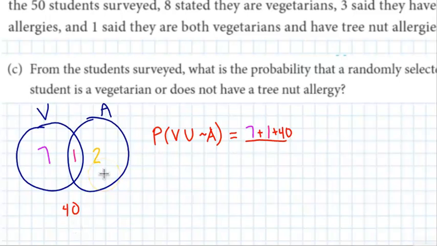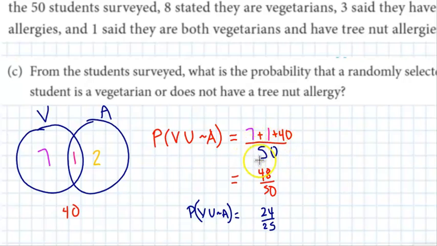So the only students that we don't need to include are these 2 right here because they are not vegetarians and they do have the tree nut allergy, so they do not fit either of these 2 conditions. We'll once again use 50 as the denominator since that's our total sample space. And then we'll just simplify our work to get 24 out of 25. So the probability that a student is a vegetarian or does not have a tree allergy would be 24 out of 25.